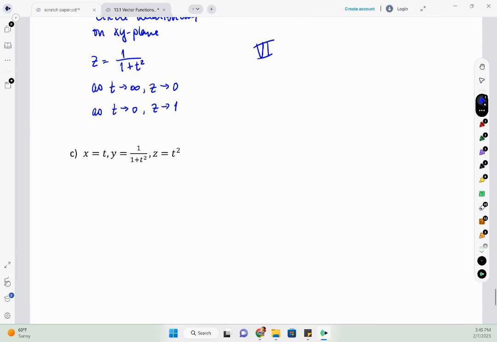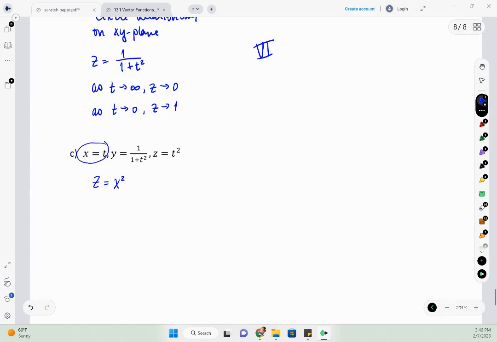So in this one, x equals t, z equals t squared, and y is that same ugly fraction, 1 over 1 plus t squared. If x is t and z is t squared, that means z is equal to x squared.